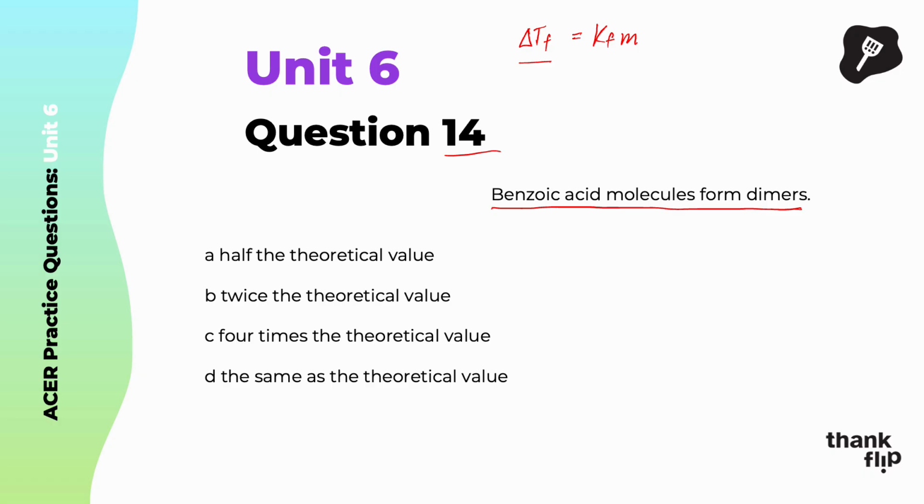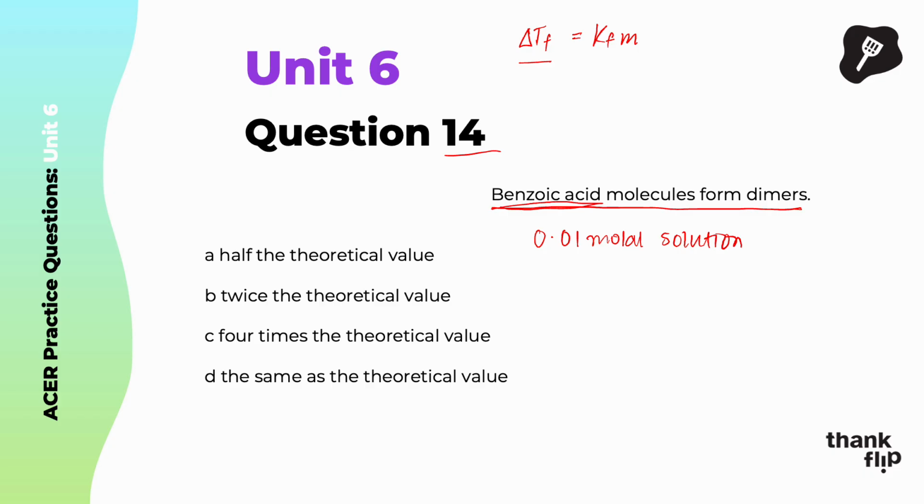And they've given an equation that demonstrates this. But it's asking what would the actual freezing point depression be compared to the theoretical value? So the theoretical value, we have to think that it's referring to the benzoic acid concentration. And we're given that to be a 0.01 mole solution. So that's 0.01 moles per liter of benzoic acid.